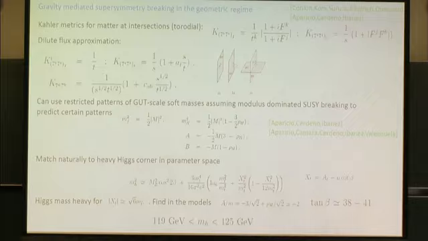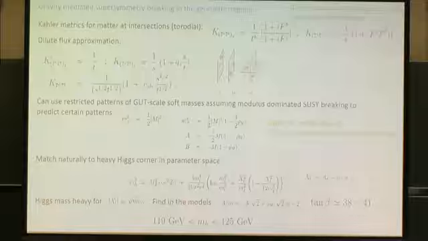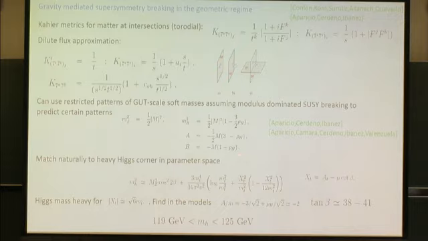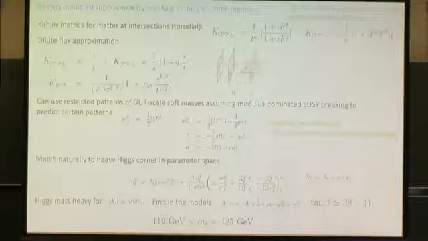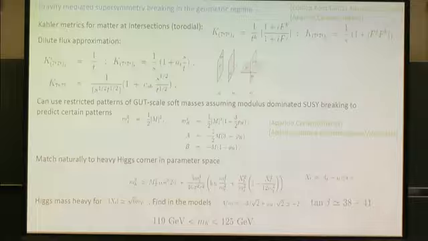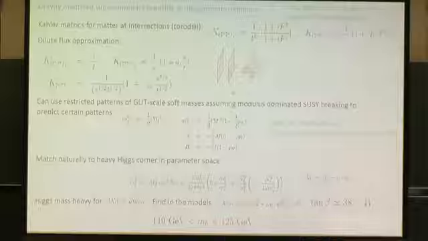I guess one thing to highlight is that it turns out that this pattern of soft masses is precisely the one that you get naturally for a heavy Higgs. So just very quickly, this is the Higgs mass in the MSSM, and to get a heavy Higgs, you essentially want this X_t to be as big as possible. You want this contribution. So this is maximized for X_t being the square root of 6 times the stop mass.